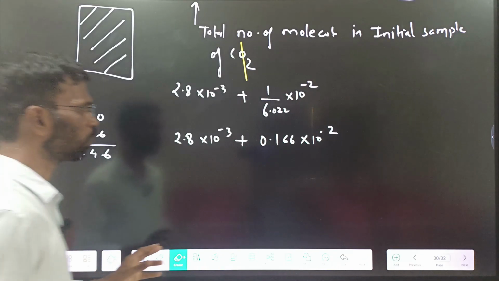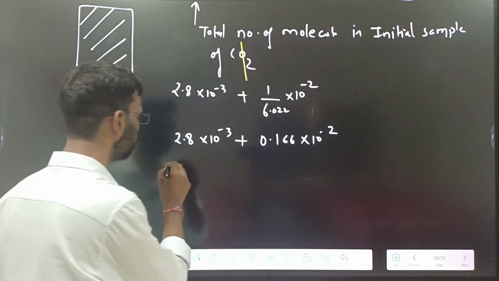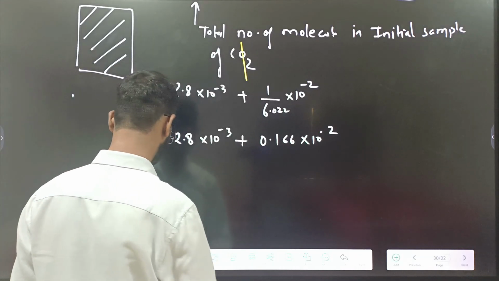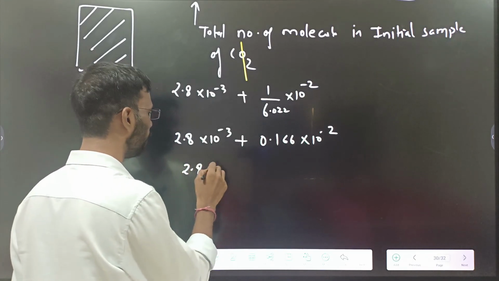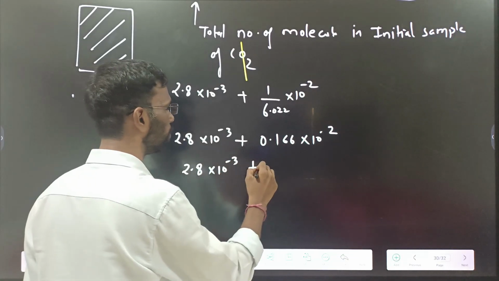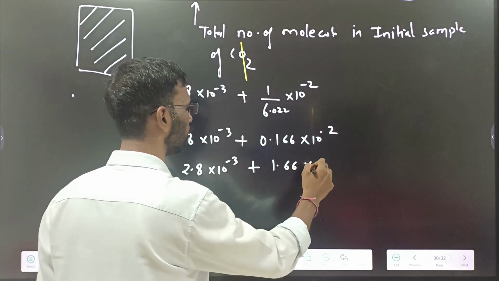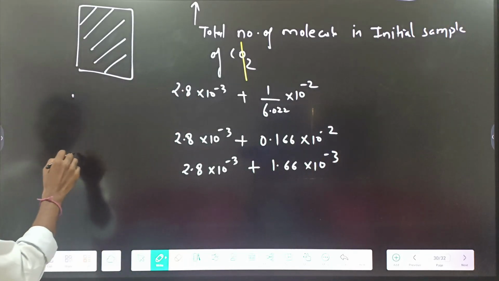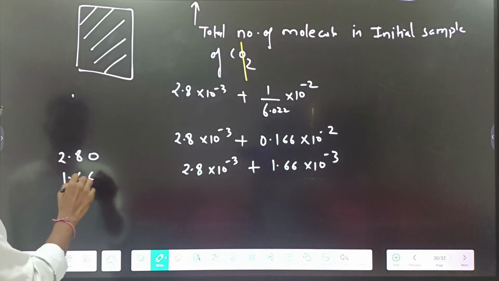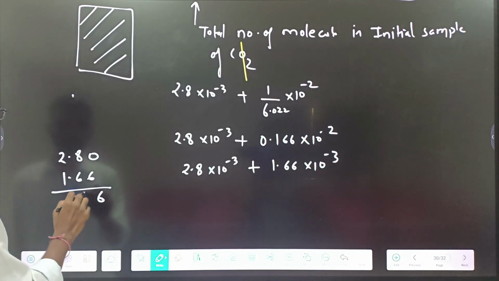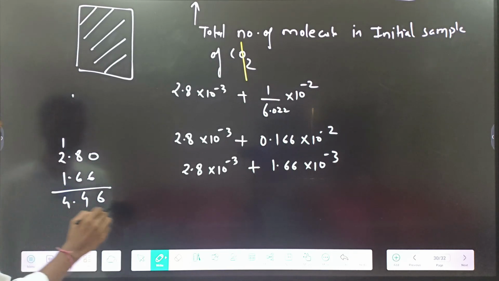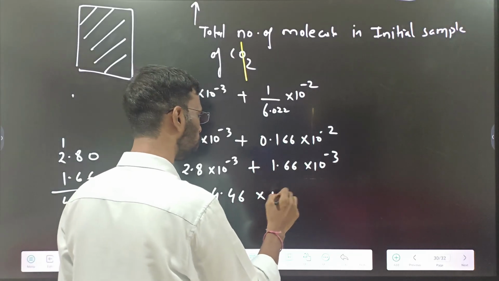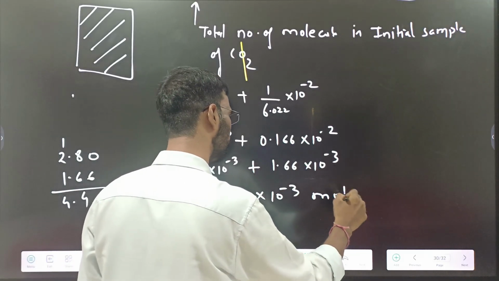So over here this is 0.166 mole. I will write this as 2.8 into 10 raised to minus 3 plus 1.66 into 10 raised to minus 3. So 2.80 and 1.66 will be 4.46. So the total number of moles in the initial compound was 4.46 into 10 raised to minus 3 mole.